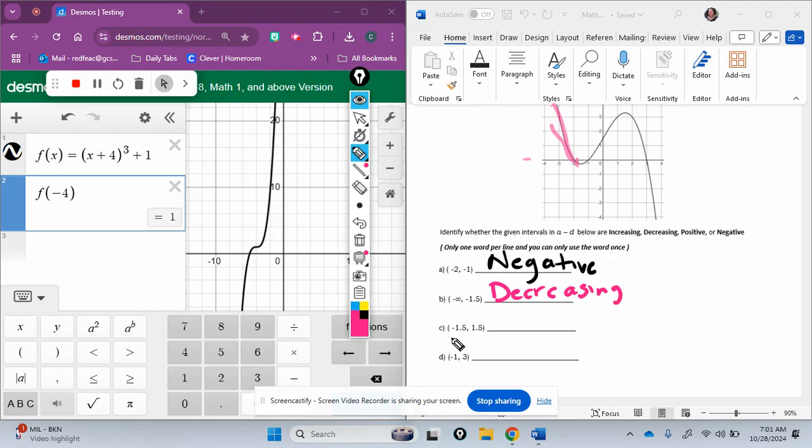All right, from -1.5 to 1.5, from here to here, the graph is going up. So it's an increase. And -1 to 3.